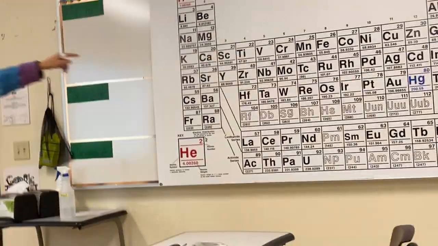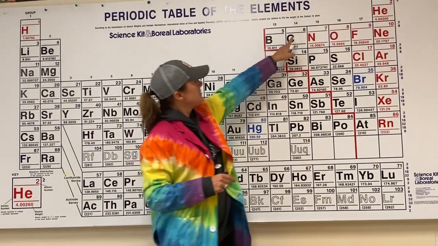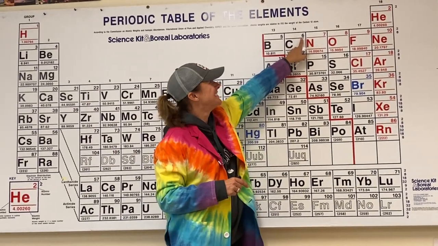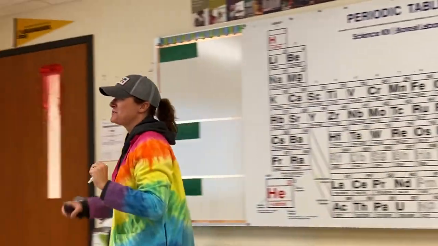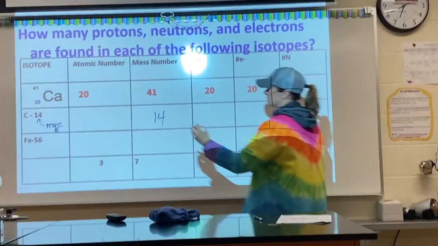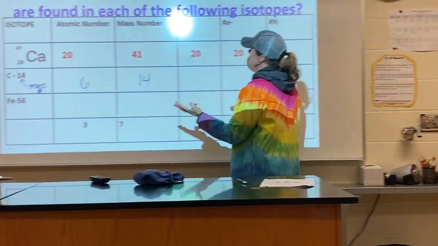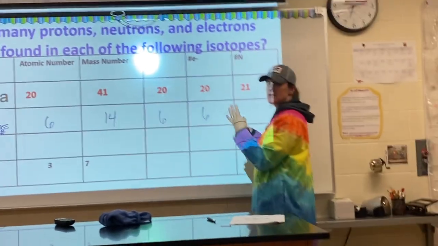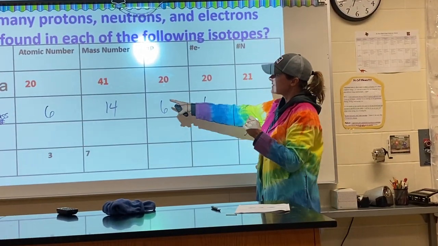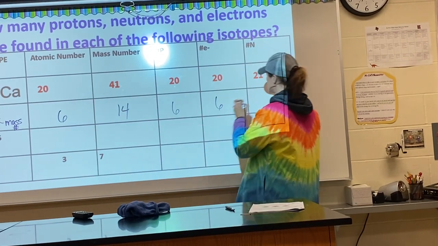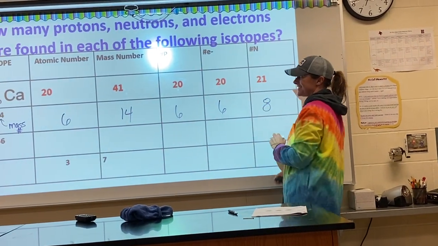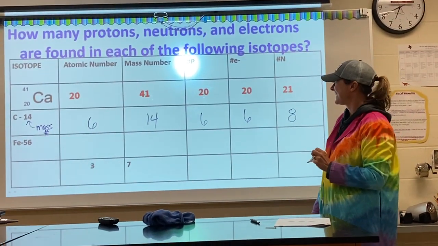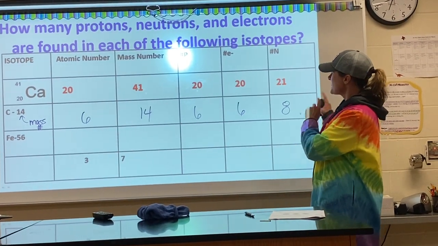Carbon is 6, that's the atomic number, so that's what we'll put in right here. And now we just do everything matching up. So atomic number, proton, electron, all the same. Mass number, 14 minus 6. I think that's 8. Don't ask me. Okay, so that's how we get this.